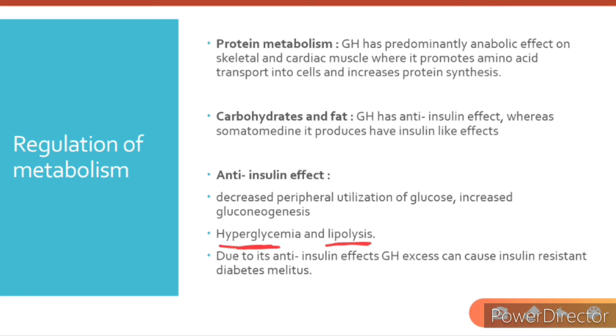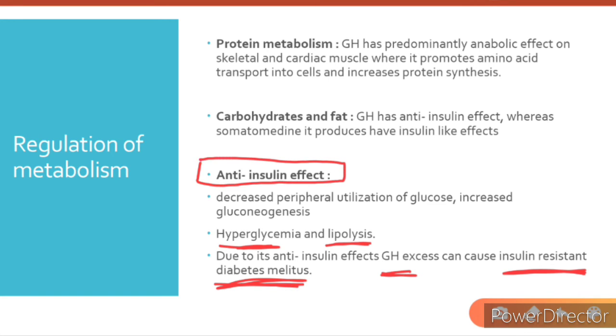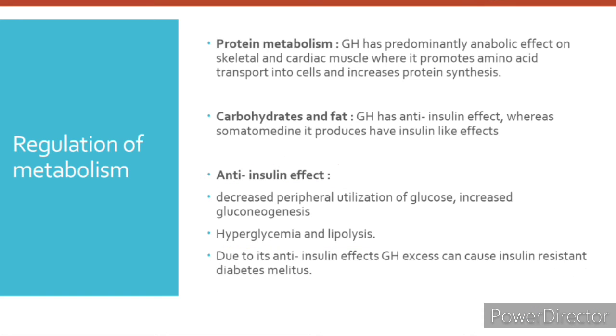And due to its anti-insulin effect, growth hormone excess can cause insulin-resistant diabetes mellitus. So guys, if you understand this one word correctly, what the anti-insulin effect is, that it is exactly opposite to insulin, then you will understand all the steps and the MCQs asked from it.